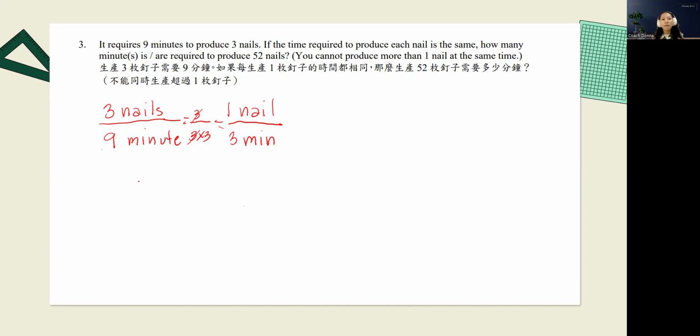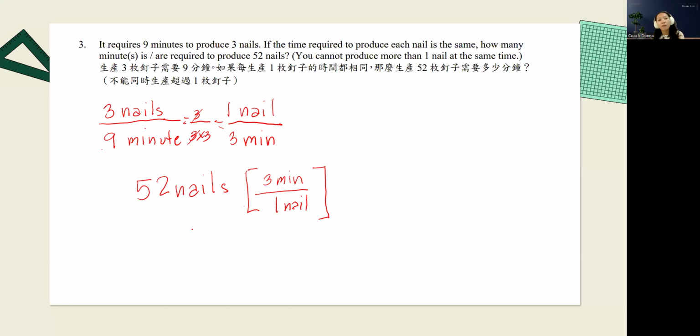So if you have 52 nails now, and you know that one nail takes 3 minutes, we just need to multiply 52 nails by 3 minutes, because it's one nail for every 3 minutes.